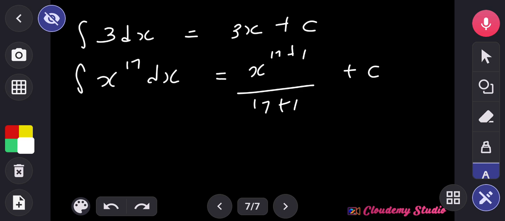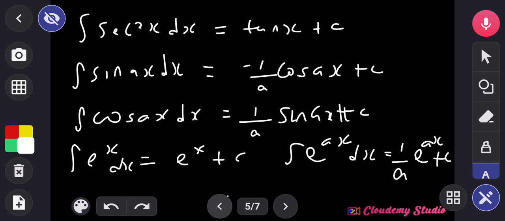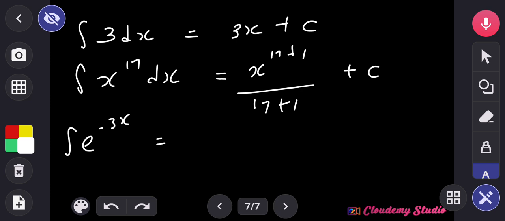What about if you're asked to integrate exponential minus 3x? Remember that the integral of exponential ax gives us 1 over a exponential ax, which means the integral of exponential minus 3x will give us minus 1 over 3 exponential minus 3x plus c. So these are simple standard integrals that we can use to solve questions.